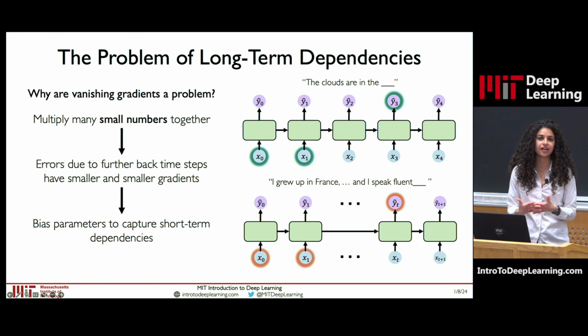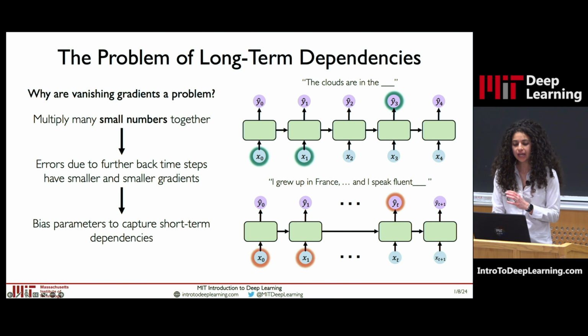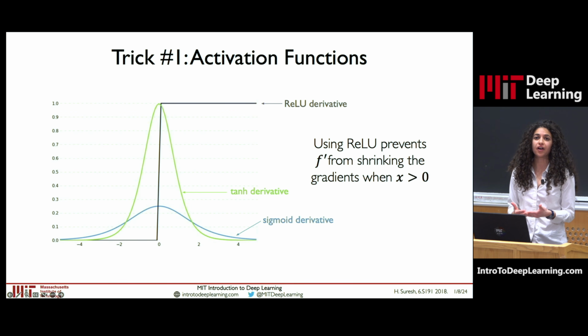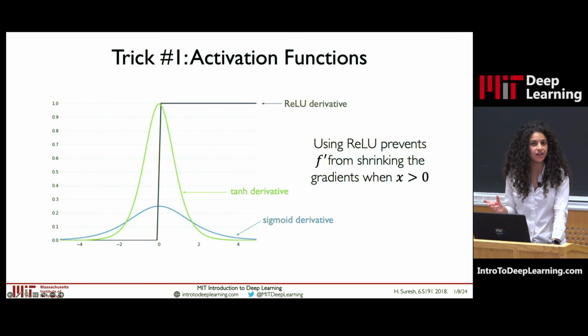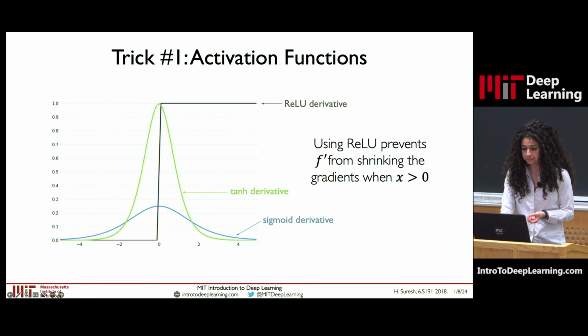So we need real strategies to try to mitigate this in the RNN framework because of this inherent sequential processing of the data. In practice, going back to one of the earlier questions about how we select the activation functions, one very common thing that's done in RNNs is to choose the activation functions wisely to mitigate a little bit this shrinking gradient problem by having activation functions that are either 0 or 1, namely the ReLU activation function.